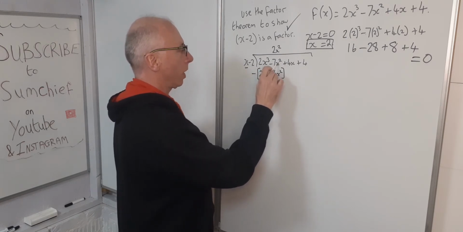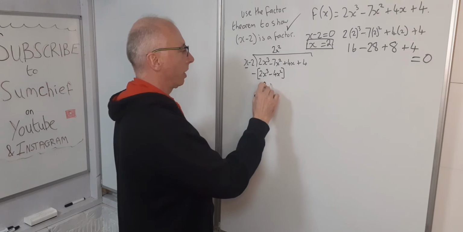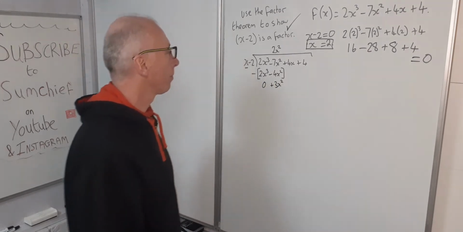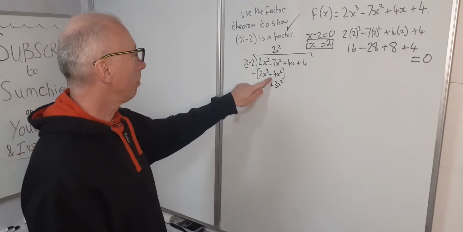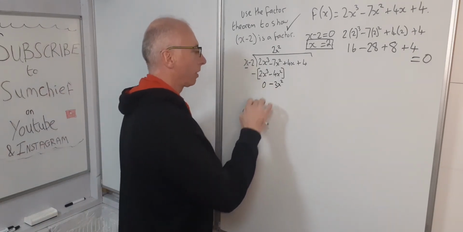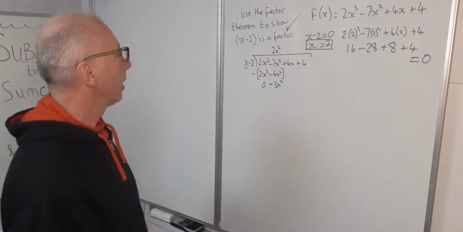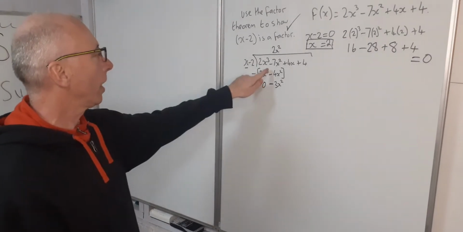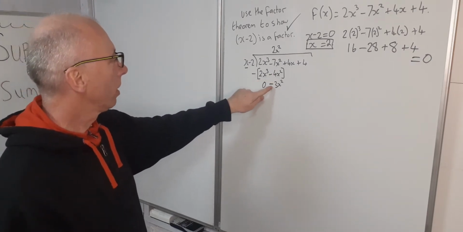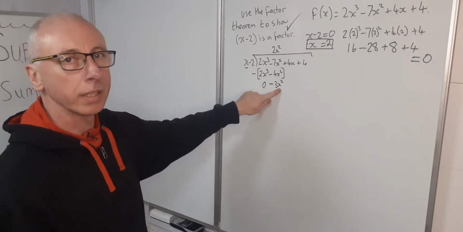So minus 7x squared minus 4x squared gives us minus 3x squared. Let me check that: minus 7 plus 4 is minus 3. Okay, so now we're left with minus 3x squared.